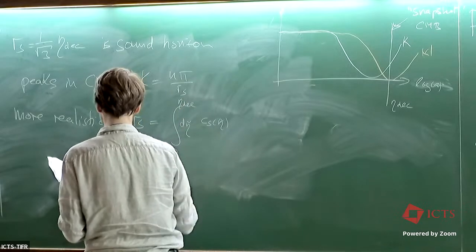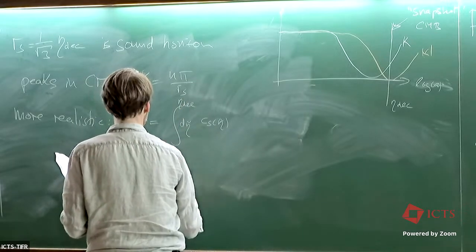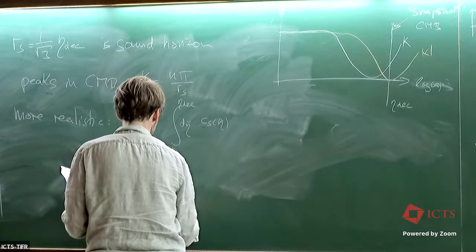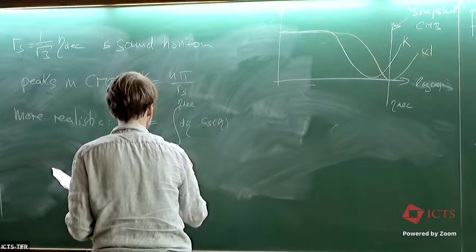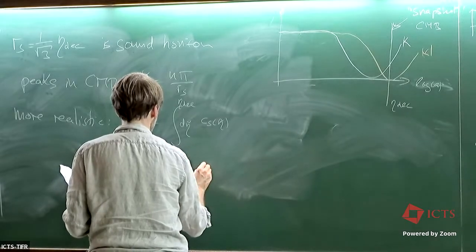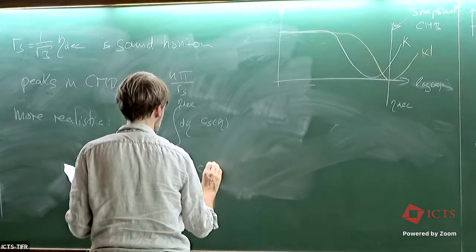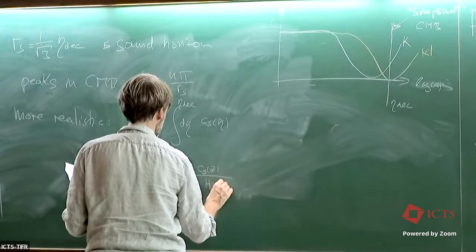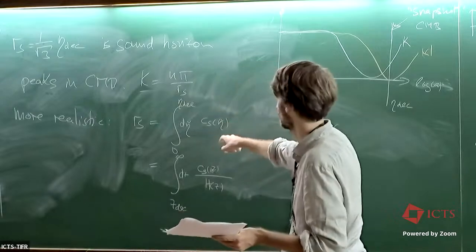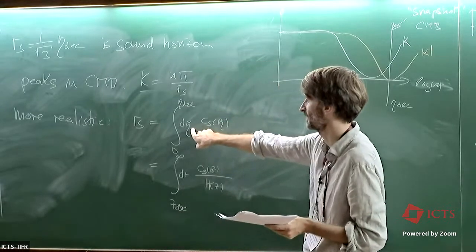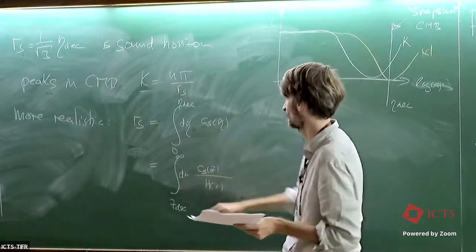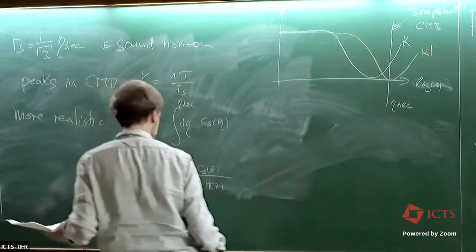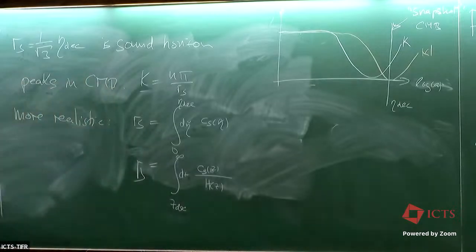And that you can write as the integral from decoupling to infinity of the sound speed divided by Hubble. So this is again using what we have done already several times, dividing an eta integral into a redshift integral. And this is really the very important formula to keep in mind.